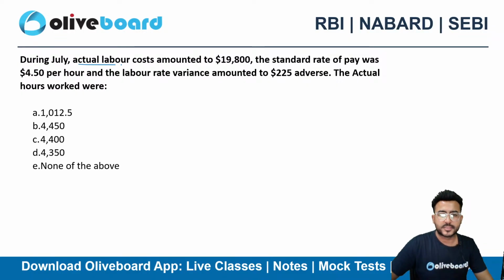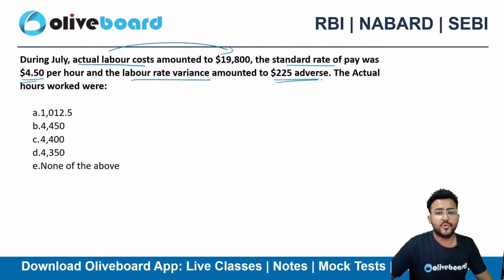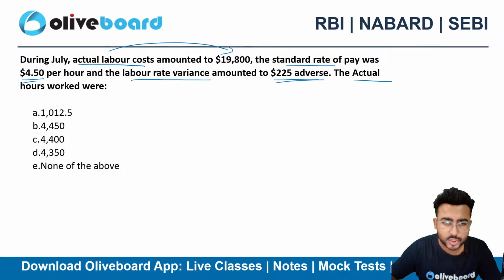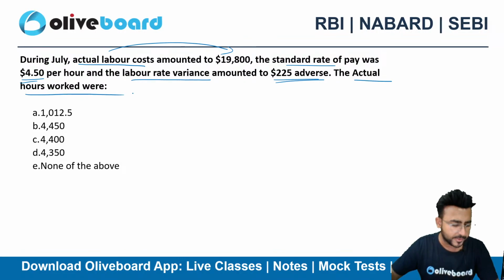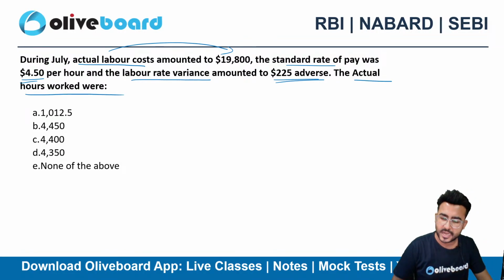Actual labor cost 19,800. Standard rate was 4.5 rupees per hour. Labor rate variance amounted to 225 rupees adverse. What will be the actual hours worked? A complicated question related to standard costing.